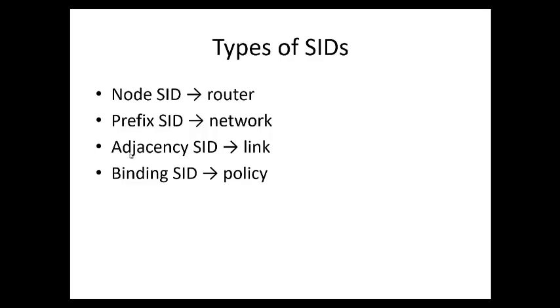It may be node SIG ID or a prefix SIG ID or adjacent SIG ID or a combination of all these three in a bundle. What is that bundle for? The bundle is for the policy-based path selection.